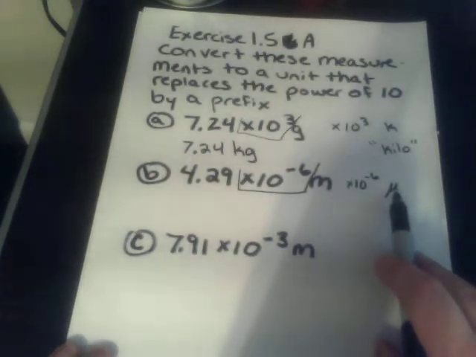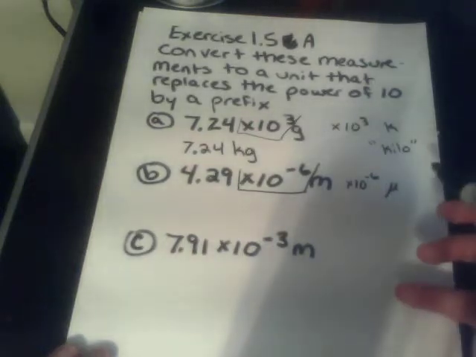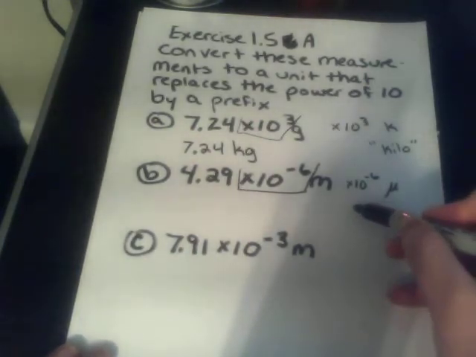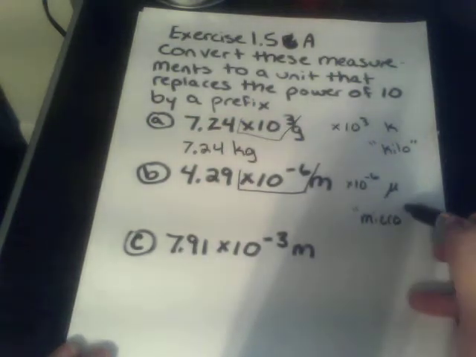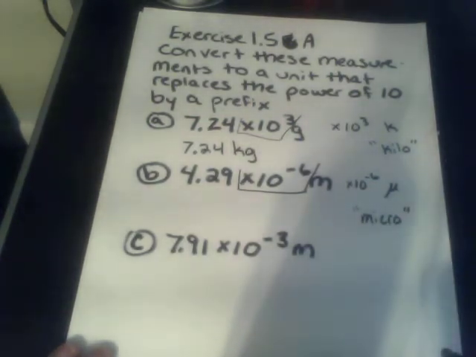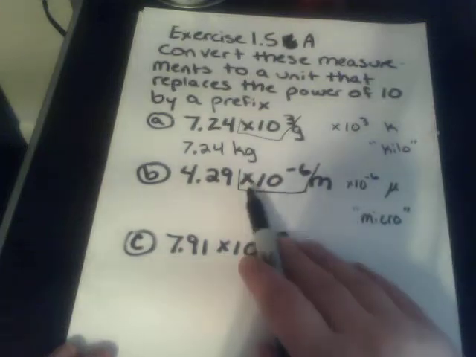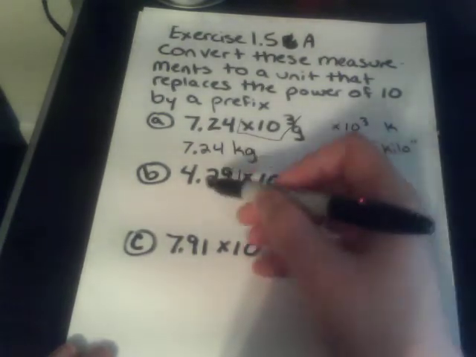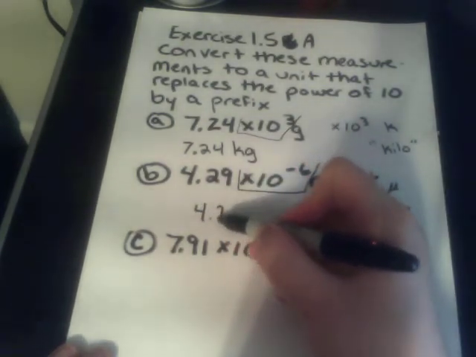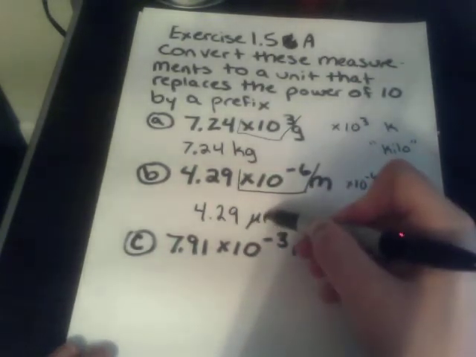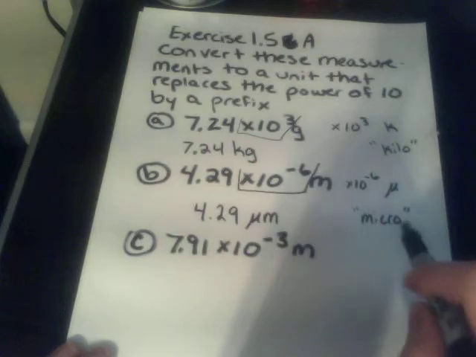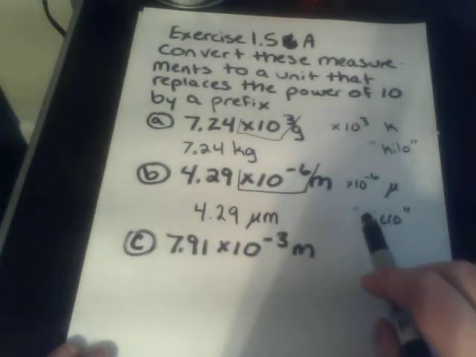It's a tiny little u with a little something hanging off the front of it right there. So that's the same thing as saying micro. So I would take this term out and I would put 4.29 micrometer, because that's what the mu is.